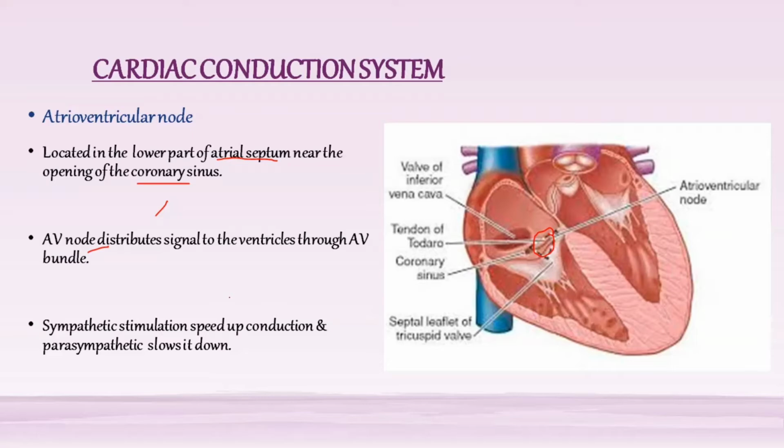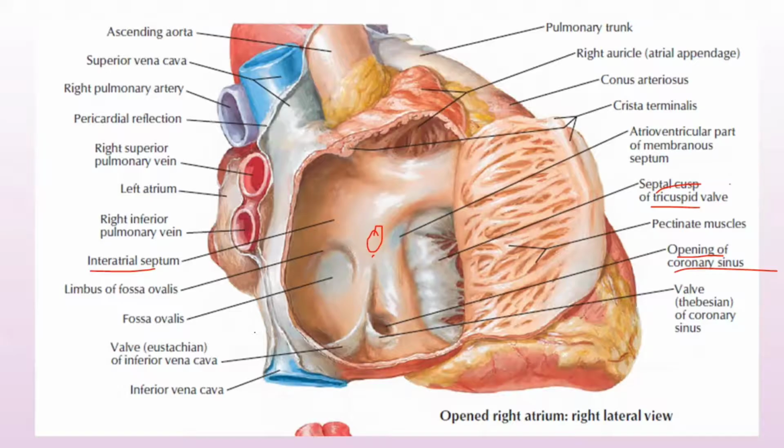Now this AV node then distributes the signal to the ventricles through the AV bundle. Sympathetic stimulation speeds up conduction, and parasympathetic stimulation slows it down.